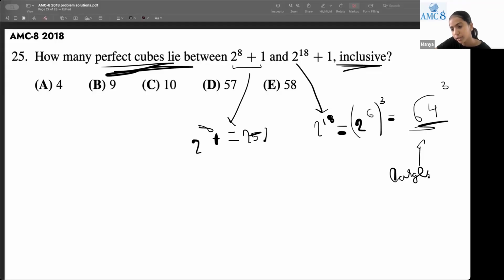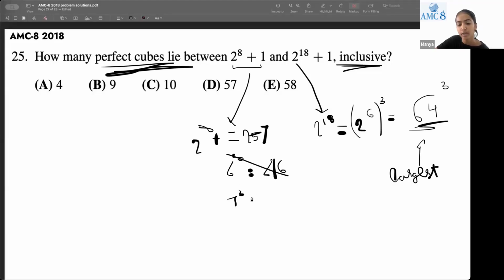And now, since we found the largest, we need to find the smallest. So this number has to be bigger than 257. The smallest perfect cube which is bigger than 257 is, well, 6 cubed is equal to 6 times 6 times 6. 36 times 6 is equal to 216. But 216 is too small, so we need a bigger number.